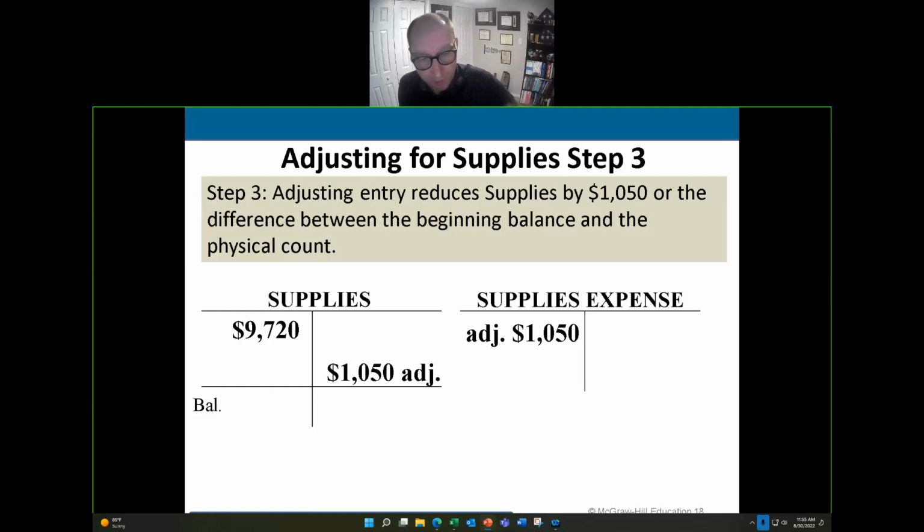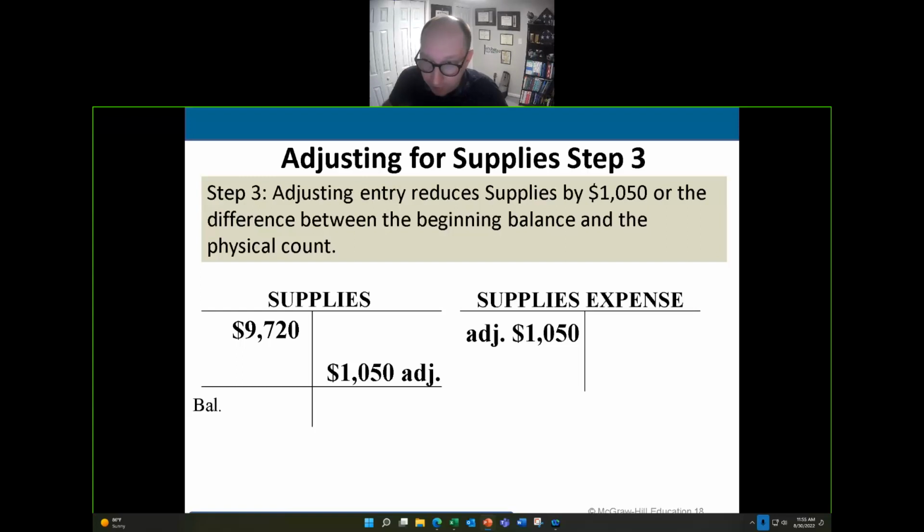Certain prepaid expenses, like insurance, we need to recognize that expense every month because it's consumed on a monthly basis. For something like supplies, we don't always know when it's going to be consumed. It could all be consumed in 1 month.